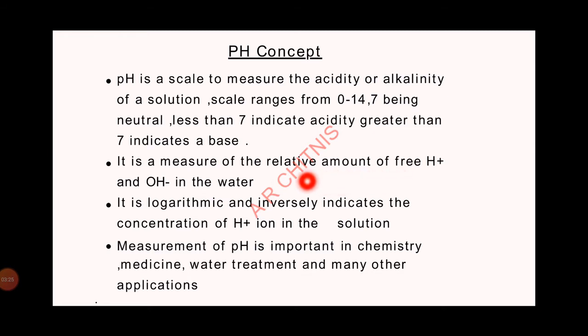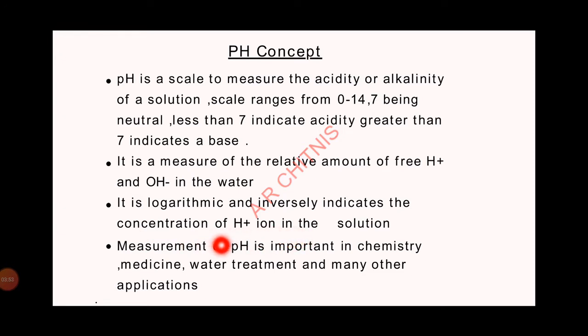It is a measure of the relative amount of free H plus and OH minus ions in the water. It is logarithmic and inversely indicates the concentration of H plus ion in the solution.